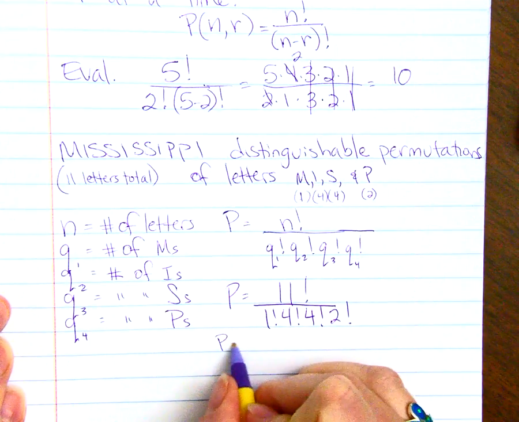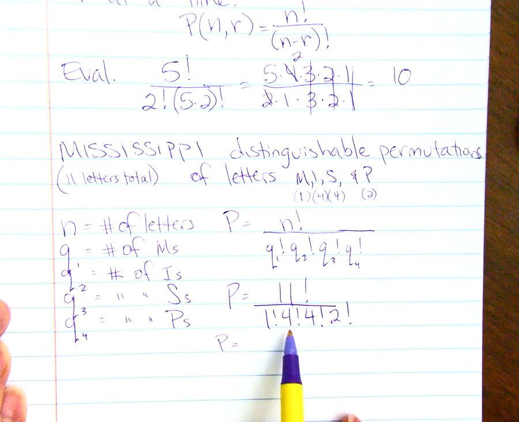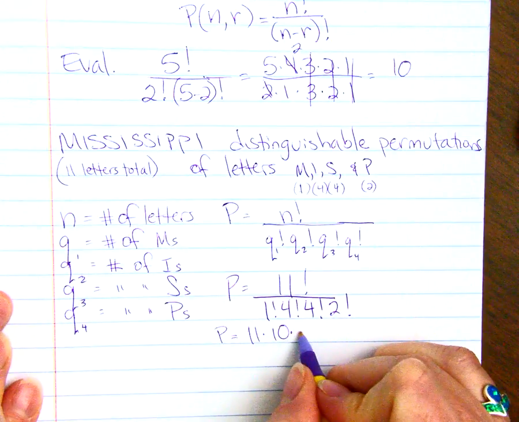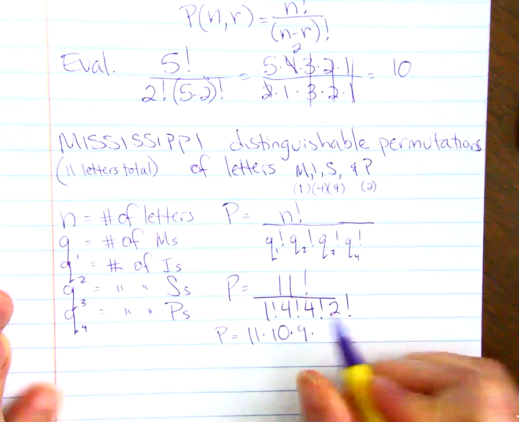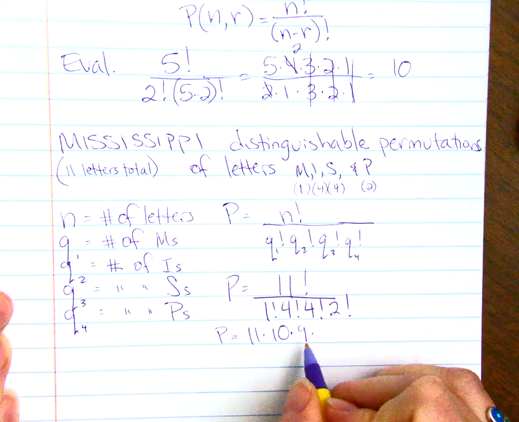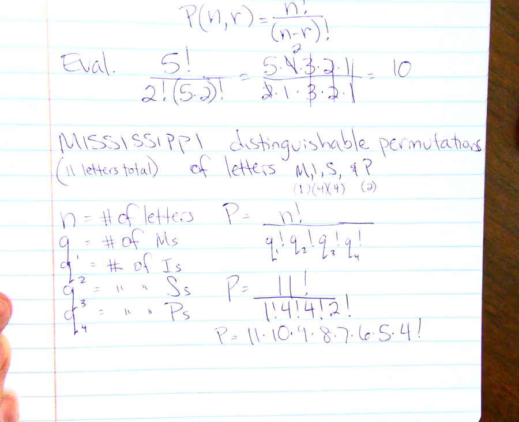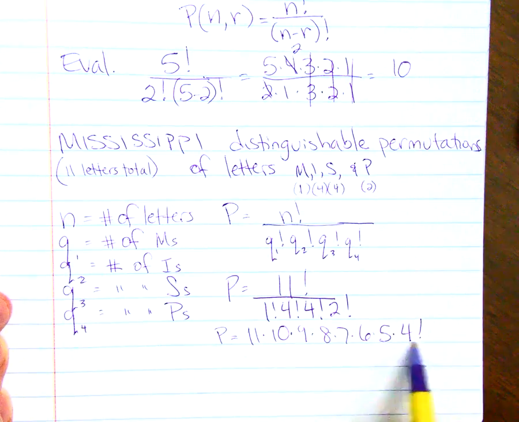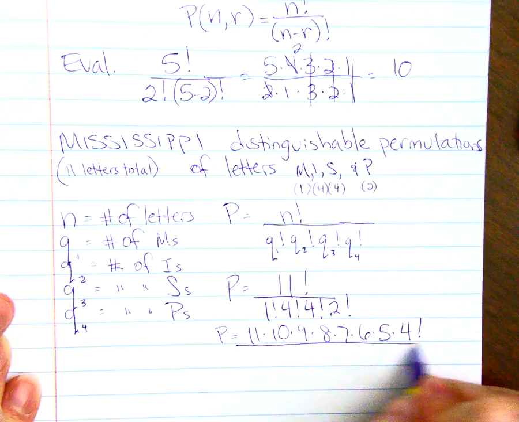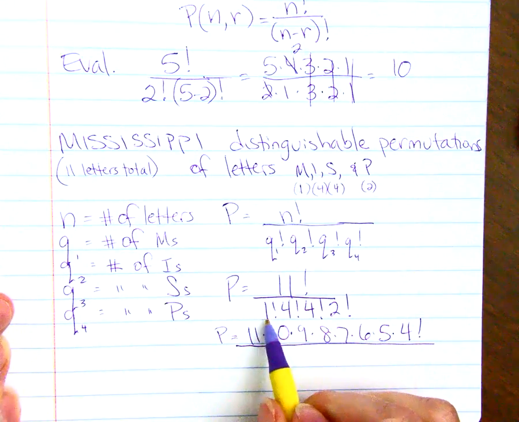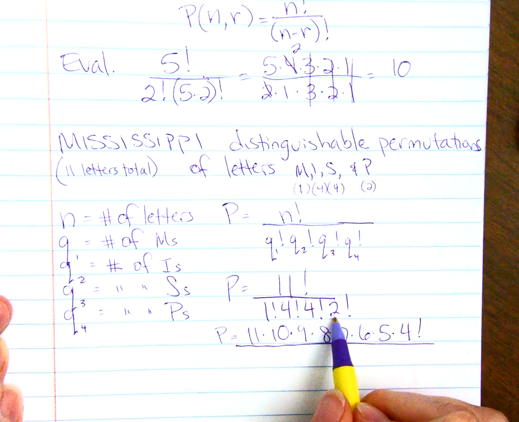Because I know 4 factorial is my biggest in the denominator, I'm going to write 11 factorial as 11 times 10, all the way down to 4 and just leave it as a 4 factorial: 10, 9, 8, 7, 6, 5, and then 4 factorial. Because 4 times 3 times 2 times 1 is just 4 factorial. That's going to be easier for me to cancel one of these 4 factorials. 1 factorial is just 1. 2 factorial is just 2.